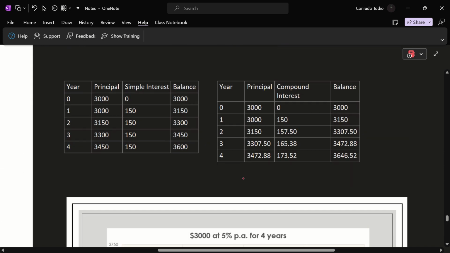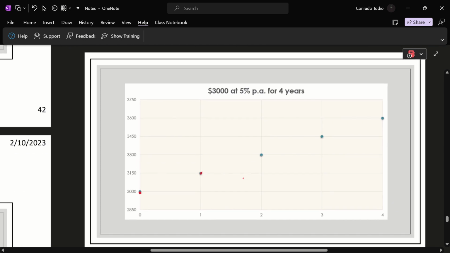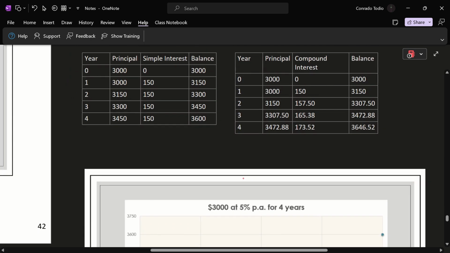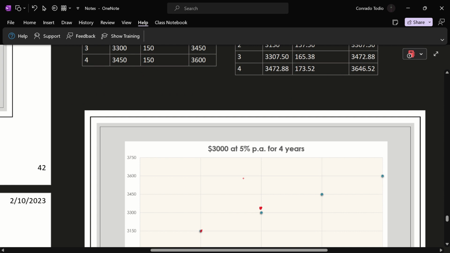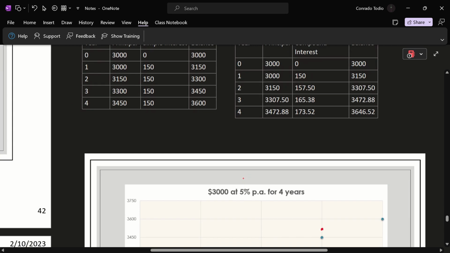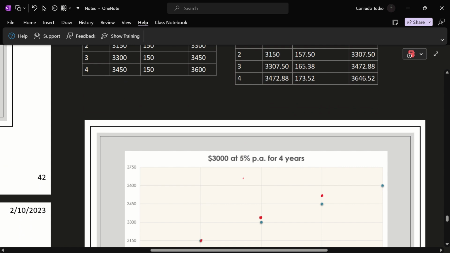At year 2, we have 3307.5, so it's probably about here somewhere, just roughly. At year 3, we have 3472, which is probably about here. And then at year 4, we have 3646, so that's probably about here.